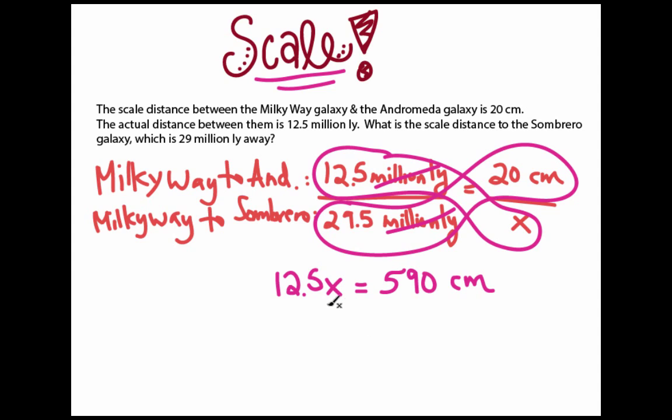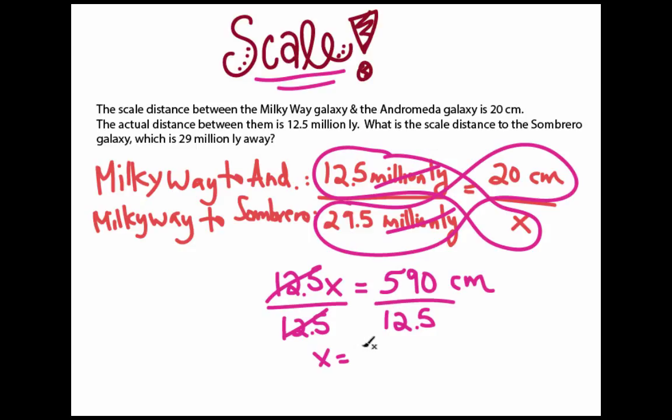Now you want to solve for x, so you need to isolate x. The way that you can get rid of 12.5 is if you divide by 12.5. And what you do to one side, you have to do to the other. And then you cross those out. And you'll get x is equal to 590 divided by 12.5.